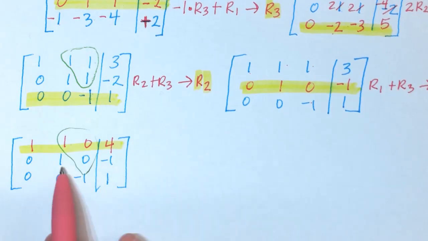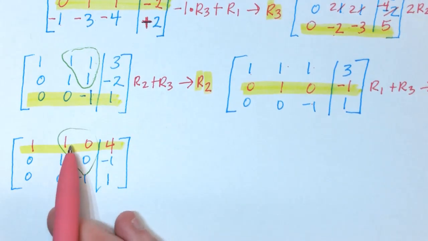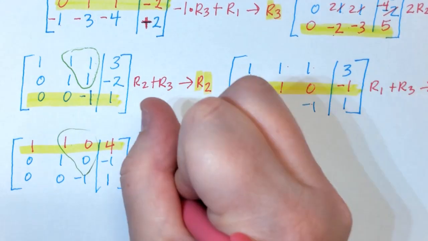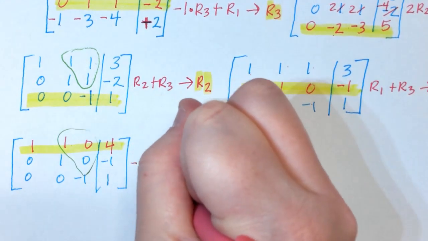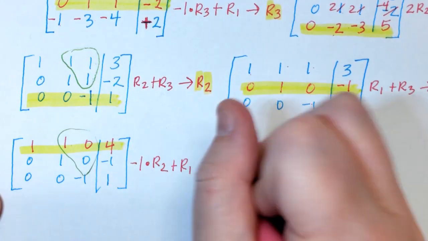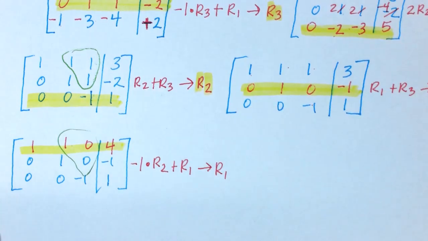You can multiply row 2 by negative 1 and add them together, or you can multiply row 1 by negative 1 and add them together. It doesn't matter. Okay, so he says multiply row 2 by negative 1. We're going to add it to that top row, and we need to change the top row. We need to change row 1.